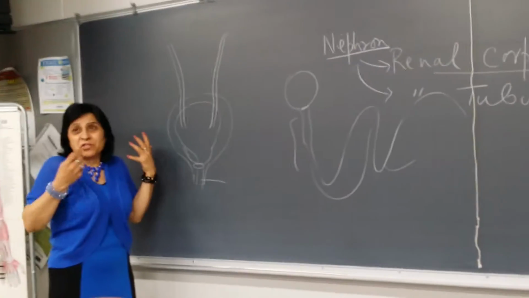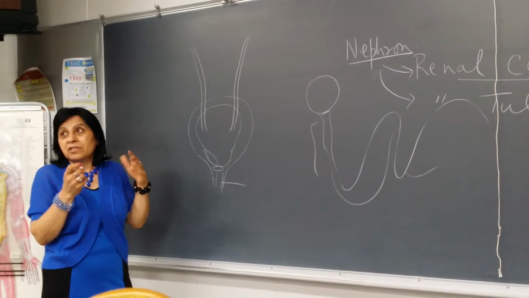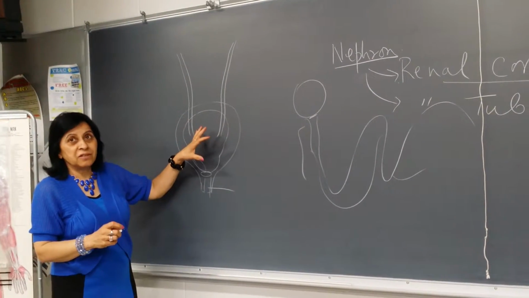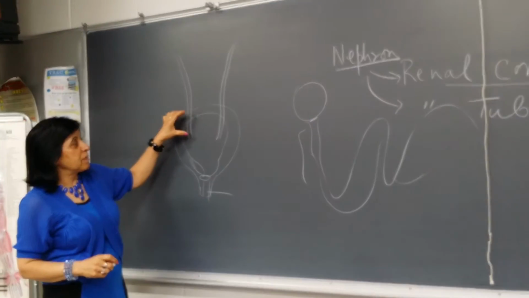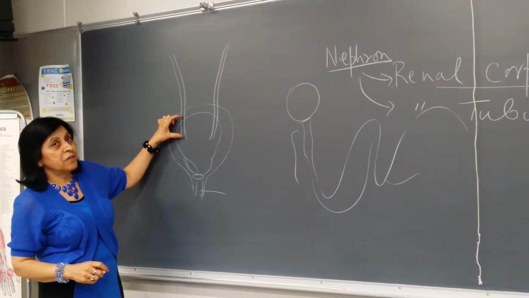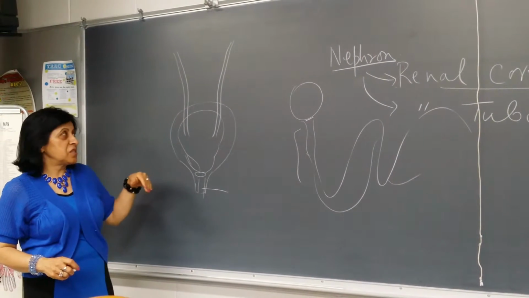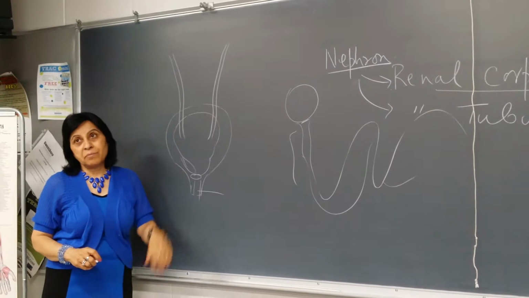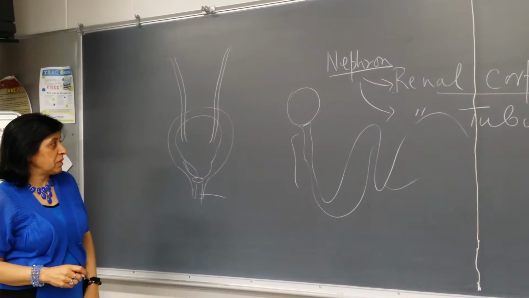That's when you feel the pressure all the way into the ureters. Otherwise the urine stays here. And that happens because the distal end of the ureter is embedded in the wall. Something to keep in mind.